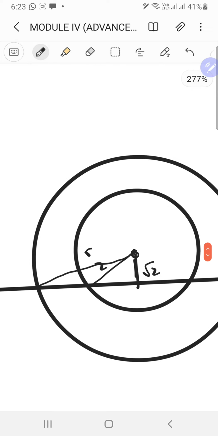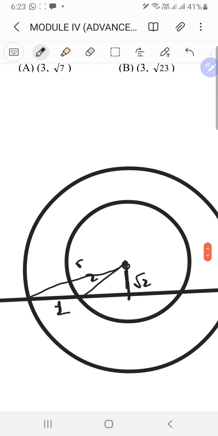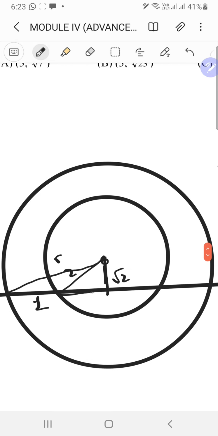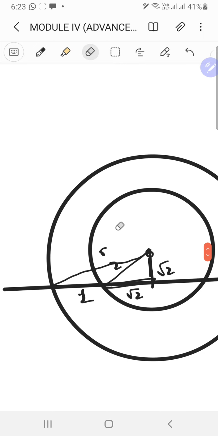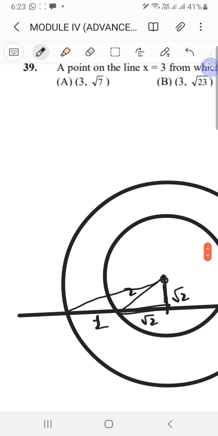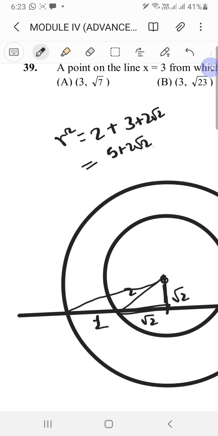So this length is 1, that's what they mean. What's this length? It's square root of 2, right? So what's r going to be? r squared is square root of 2 squared, which is 2, plus square root of 2 plus 1 squared, which is 3 plus 2 square root of 2, which is 5 plus 2 square root of 2. Yeah, so r is square root of 5 plus 2 square root of 2.